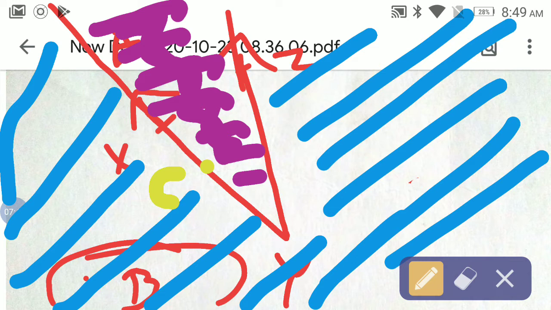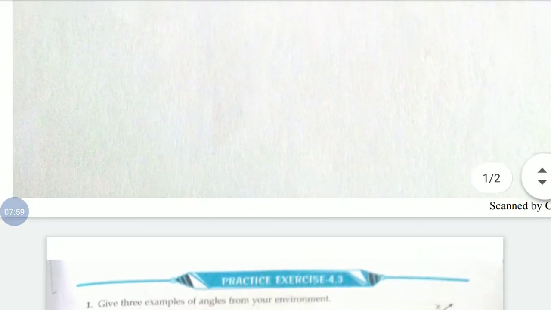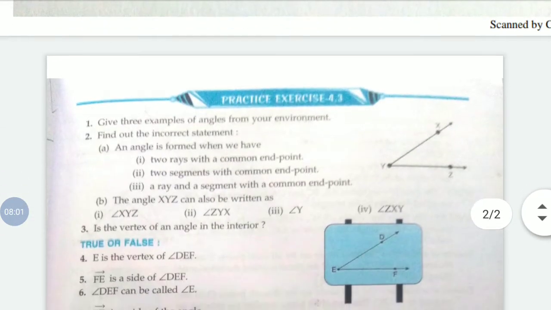The points which are on the boundary and the interior part are called the region. These are your important things. Now we will conclude. We will see the exercise.